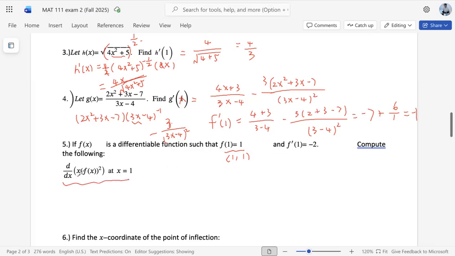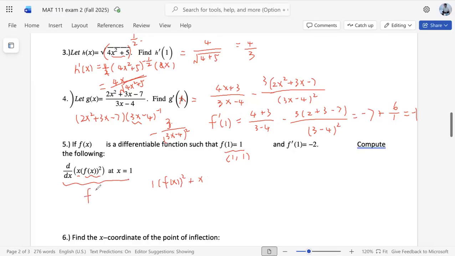We see, first we see a product of two functions, right? We see x times some function squared. So first we take the derivative of x, which is 1, multiply by the second, which is just f of x squared. Then the first one times the derivative of the second one.